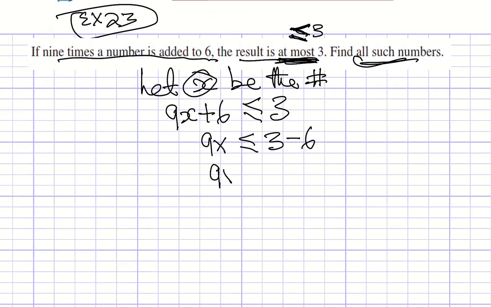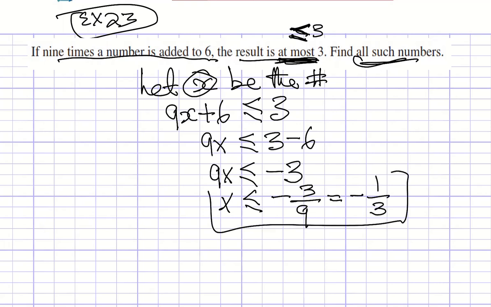Then you say 9x is less than or equal to, you get negative 3, sorry, negative 3. Alright? So then you divide both sides by 9. You get x less than or equal to negative 3 over 9. Notice that that is negative 1 over 3. You see that, right?